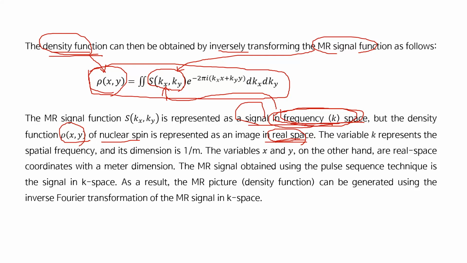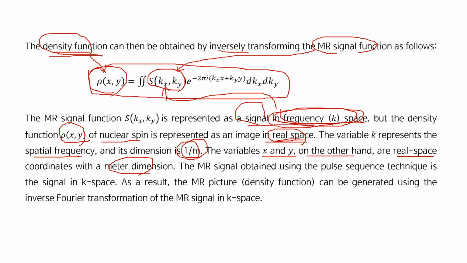The variable K represents the spatial frequency and its dimension is 1 over meter. The variables x and y, on the other hand, are real space coordinates with a meter dimension.